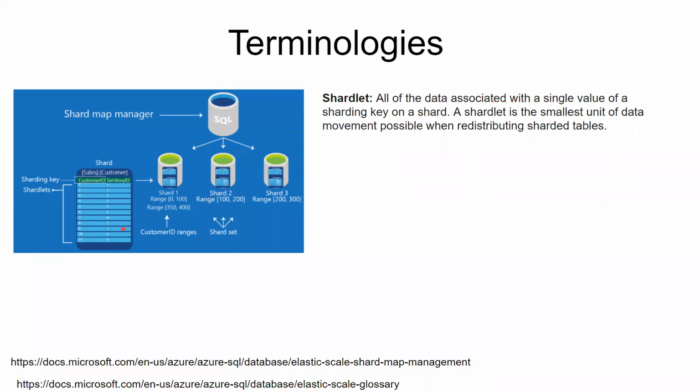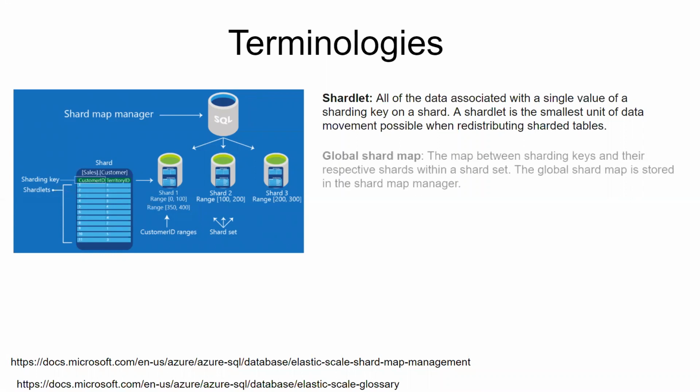The smallest granularity that you would consider is a shardlet. So first you have different servers, then you have different shards, and then within each shard also you can have this concept of shardlets, right? So that was new there.